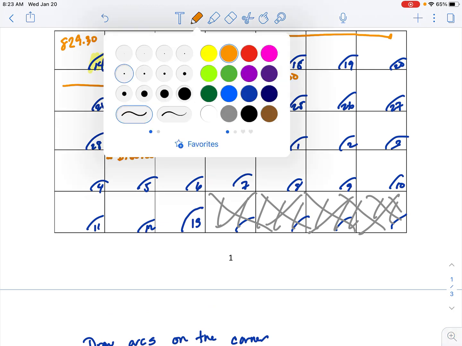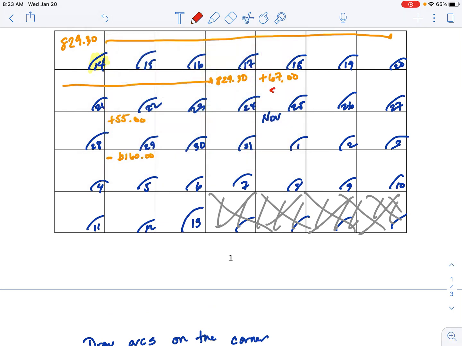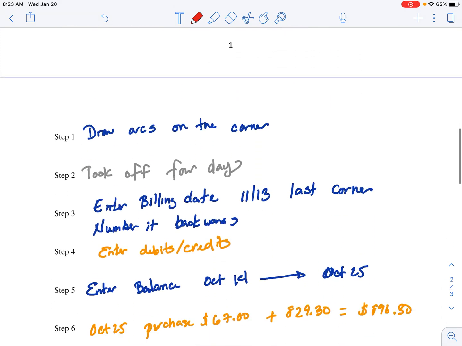So this is $896.30. That continues on 896.30. Okay. So now we're at the 29th.